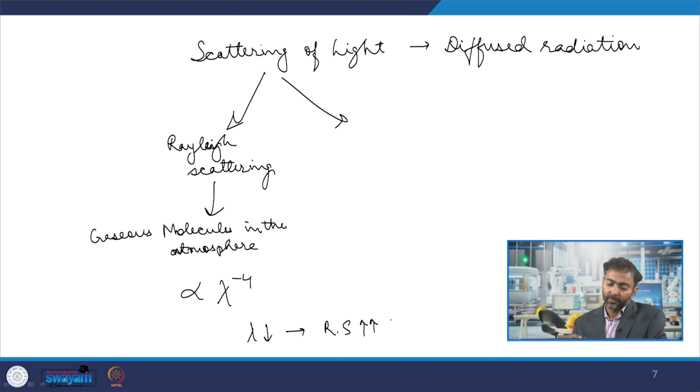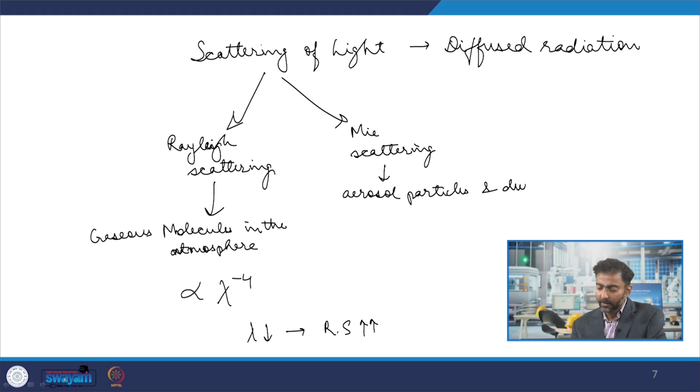And then there is another scattering phenomenon in the atmosphere, which is known as Mie scattering, and this is mainly due to the aerosol particles and dust particles which are there in the atmosphere.